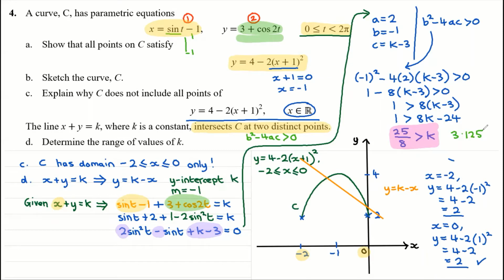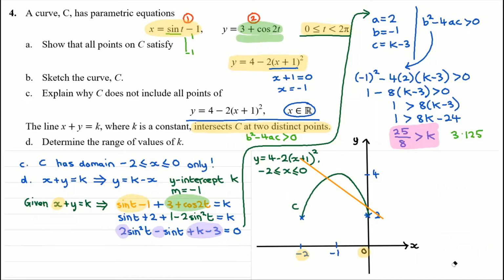But you'd be wrong. Now, I can explain why you'd be wrong just using this fantastic graph that we've drawn over here on the right-hand side at the bottom. So I'm just going to clear a bit more space because we may need a bit more space just to argue this point. And I'll just write that equation again. So this is y is equal to k subtract x. Now, what we've established is that the upper limit is about there.